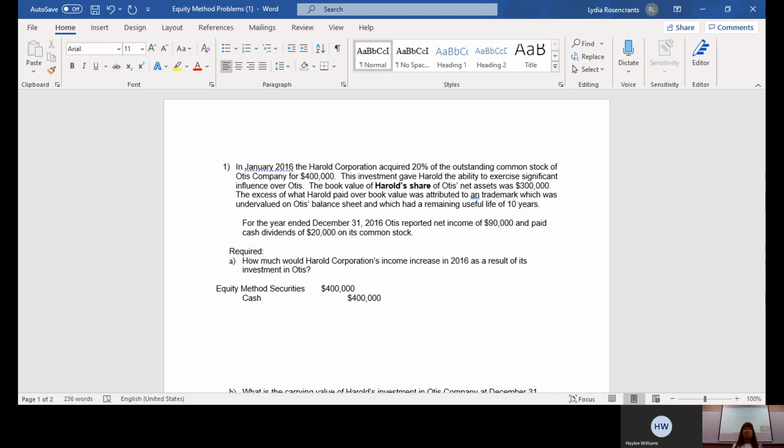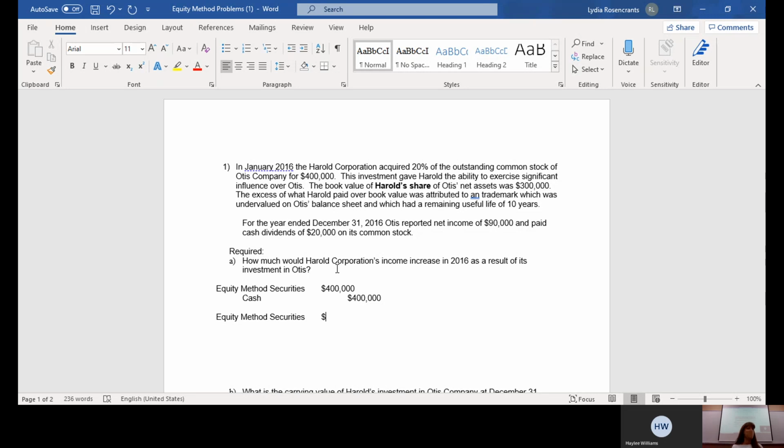Okay. The next journal entry that we always make, whether they paid exactly book value or more than book value, doesn't matter, is we are going to record Harold's share of Otis's net income. To do that, we are going to debit equity method securities. All right. So Otis reported income of $90,000.